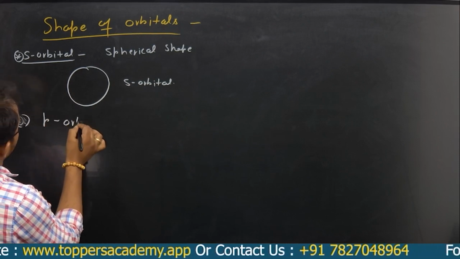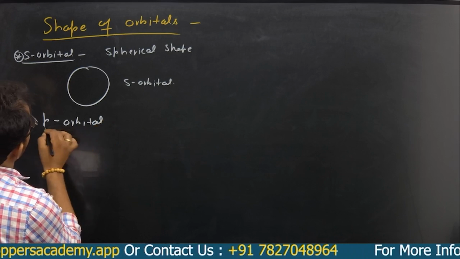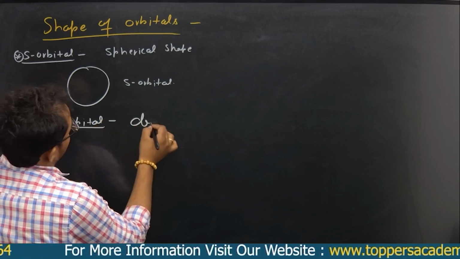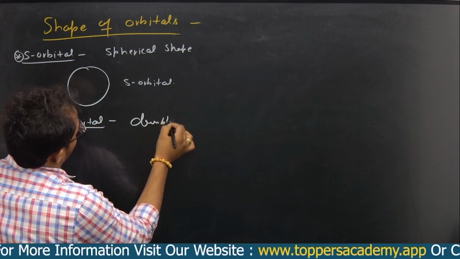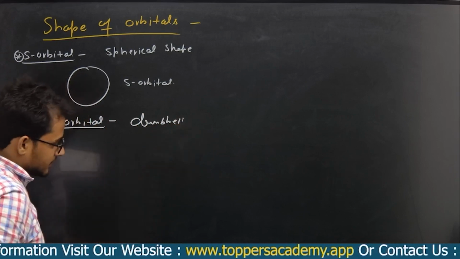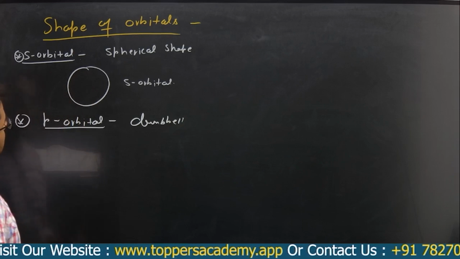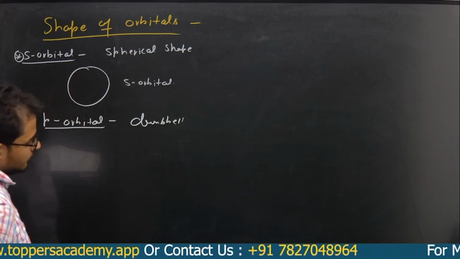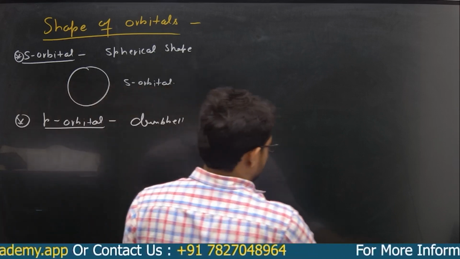P orbital. Actually it is dumbbell shape. So 3 types of values, let me tell you.